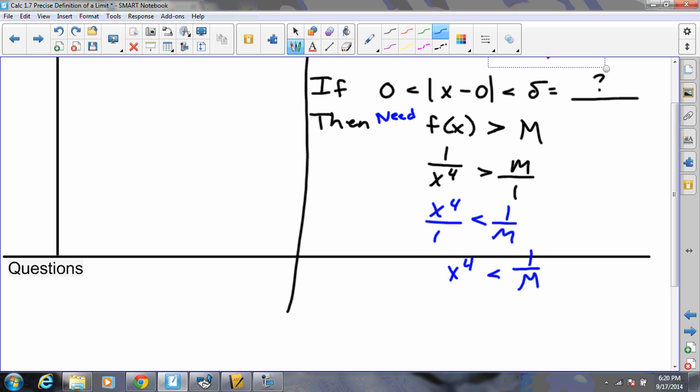Taking the fourth root of both sides, we would get x is less than 1 over the fourth root of M. But because 4 is an even number, this is actually taking an even-powered root. It's not just x to the fourth.